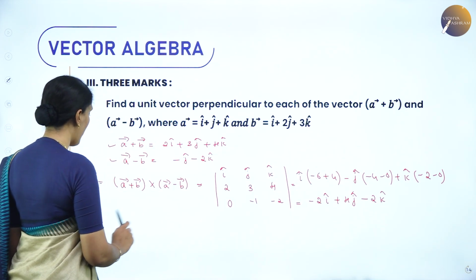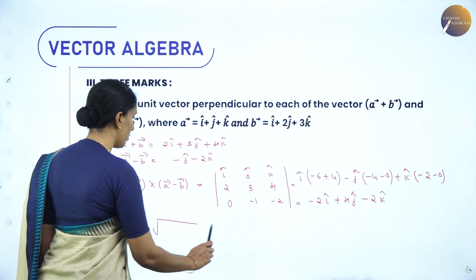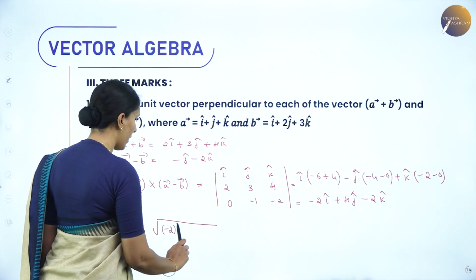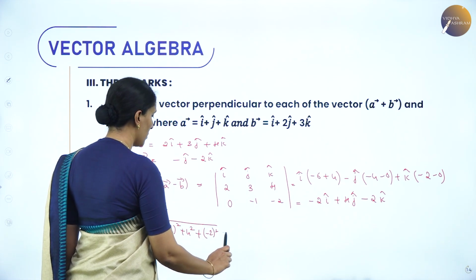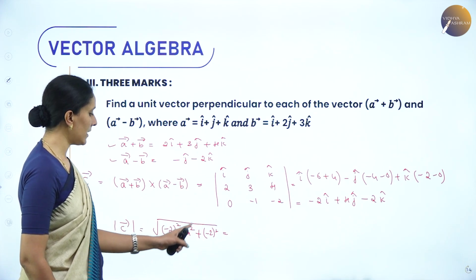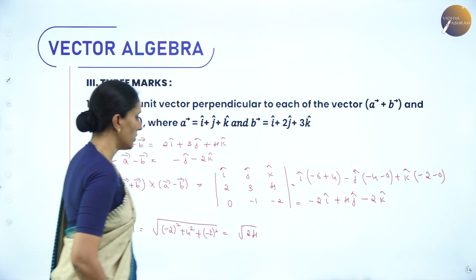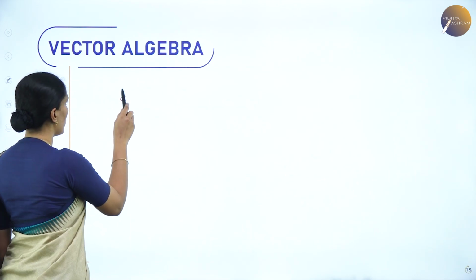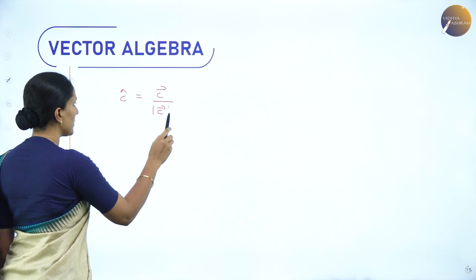So now let's take the magnitude of this vector c. So square root of minus 2 whole square plus 4 square plus minus 2 whole square. So 4 plus 16 plus 4, which is root 24. So now I need c cap. So that is vector c divided by magnitude of vector c.